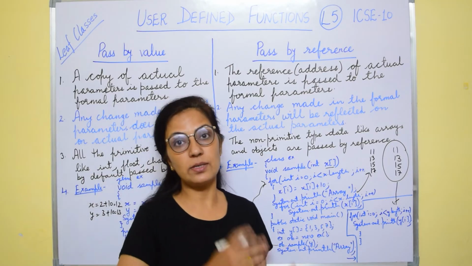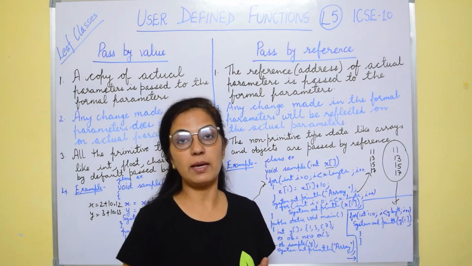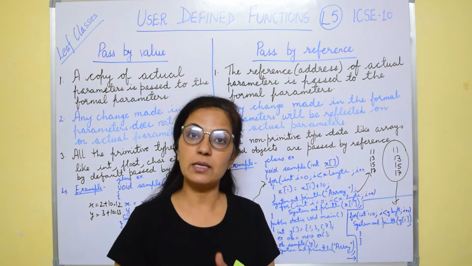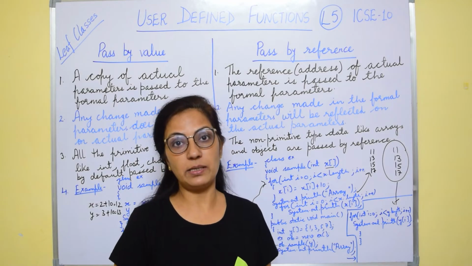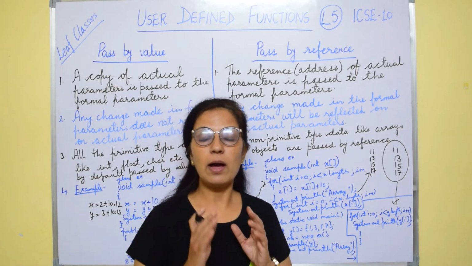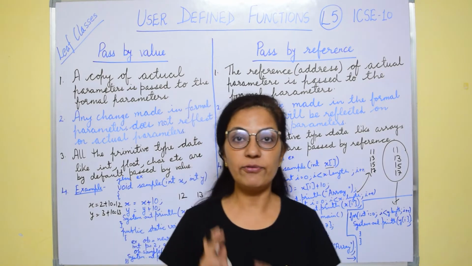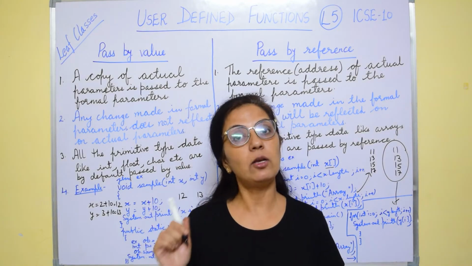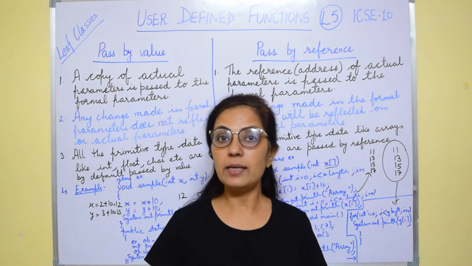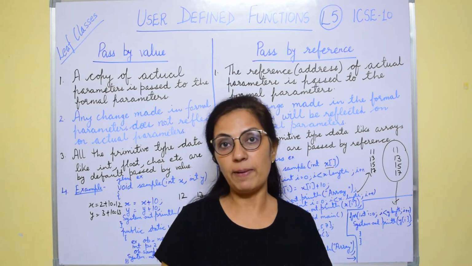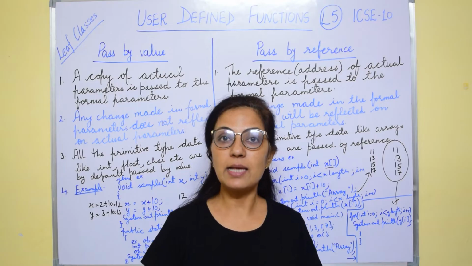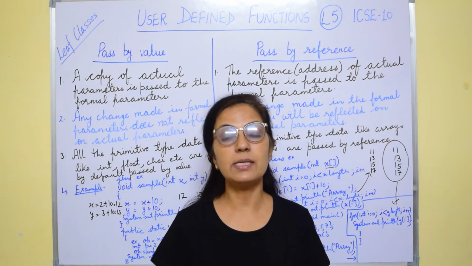Because here the address is passed, any changes you make will be reflected on the actual parameters also. So children, you have to just prepare the difference between call by value or pass by value and call by reference or pass by reference.